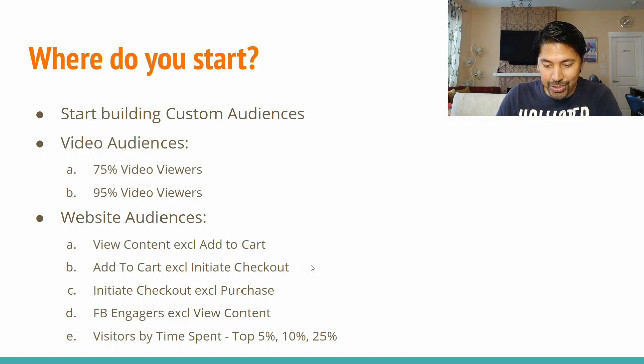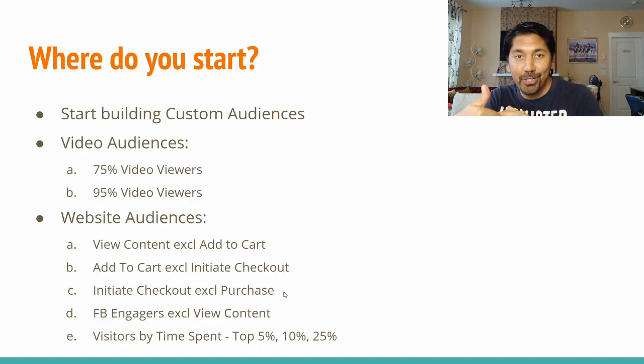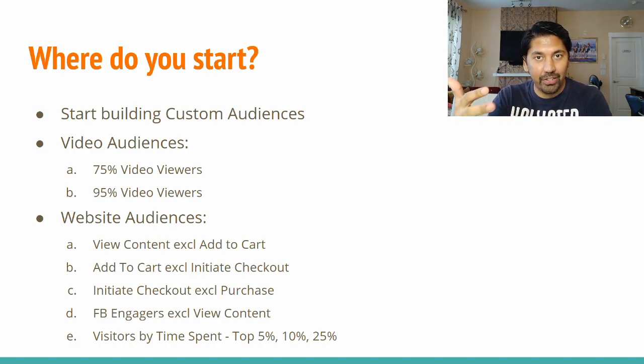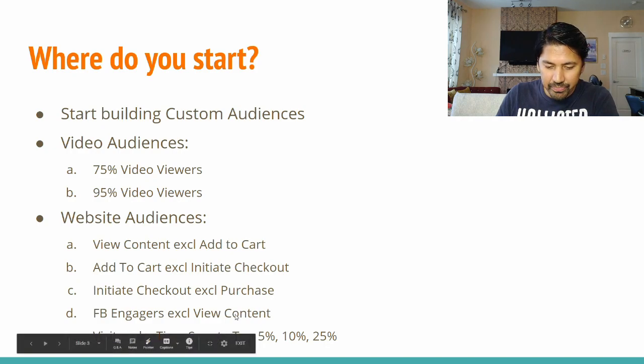And this additional custom audience becomes another subset of customers that you can target, maybe with a discount, because they were interested enough to add to cart, but then maybe the price deterred them from moving on. Thirdly, you can have a subset of customers who initiated the checkout but then did not purchase, right? So similarly, you can target them with different kind of creatives.